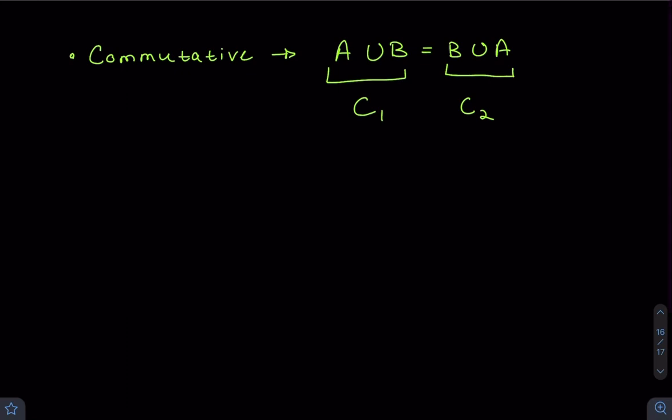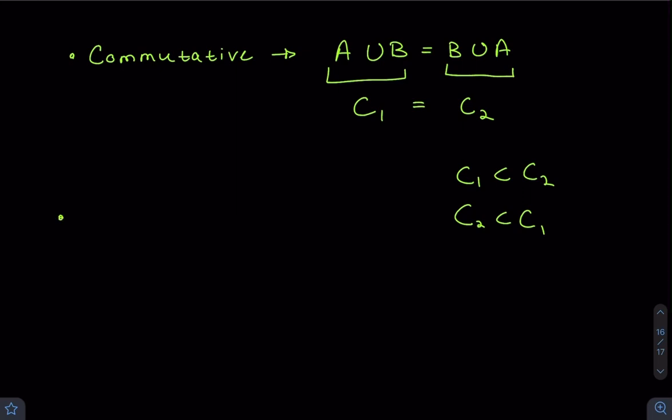So we're basically saying C1 is going to equal C2. And the reason this is true, going back to the definition of equality between two sets, is that C1 must be a subset of C2 and C2 must be a subset of C1. And we could prove that this is the case for the union operator. But we don't have to. It's just good to know that it's true.